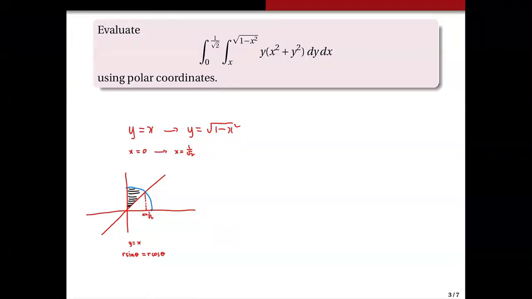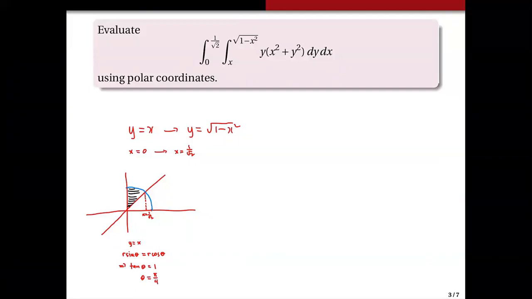So if we calculate this, this will become tangent theta equals 1, or that your theta equals 45 degrees, which is pi over 4. Correct?